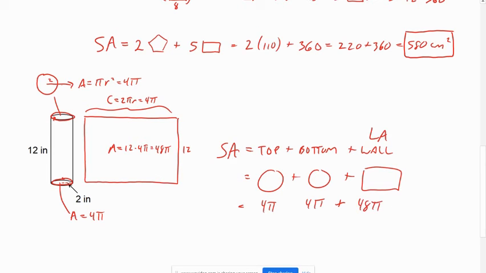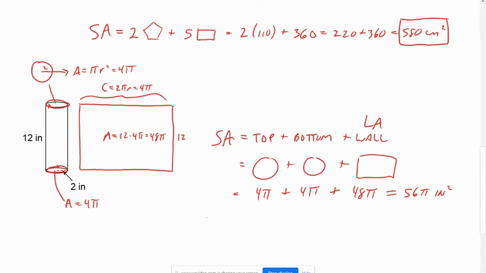So if we add all those up, we get 56 pi. And that's going to be in square inches. Okay, so surface area equals 56 pi square inches.